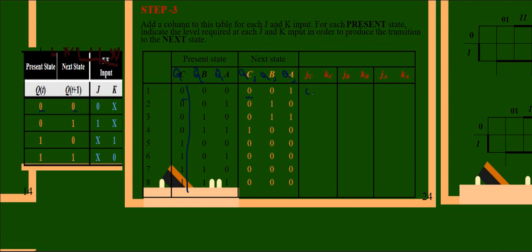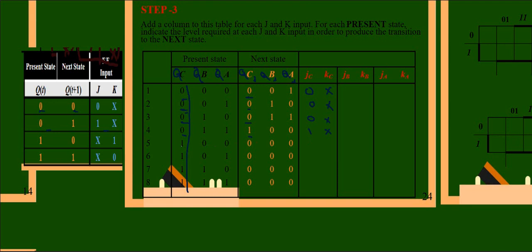So we go with JC and KC only. Next it is again 0 to 0, so 0 don't care. Next again 0 to 0, so 0 don't care only. And this term is 0 to 1, and from the excitation table for JK, 0 to 1 is 1 don't care.